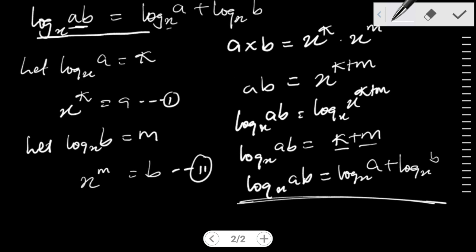That's why this is equal to this. You may be asked to prove that log base x of ab is equal to log base x of a plus log base x of b, so you just prove it. Now let's go to the second elementary rule.